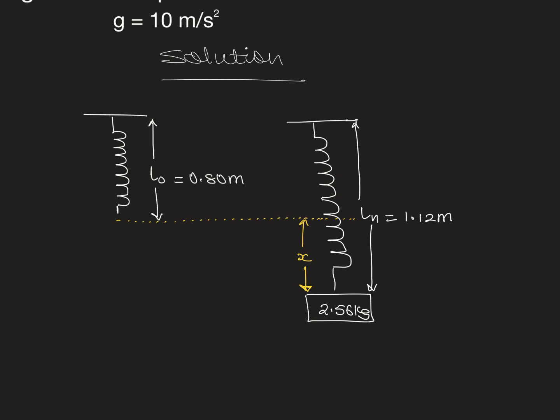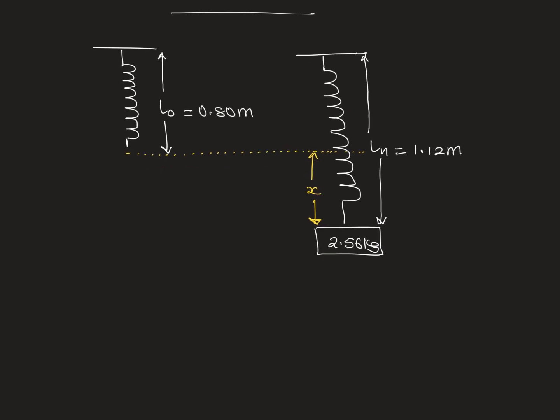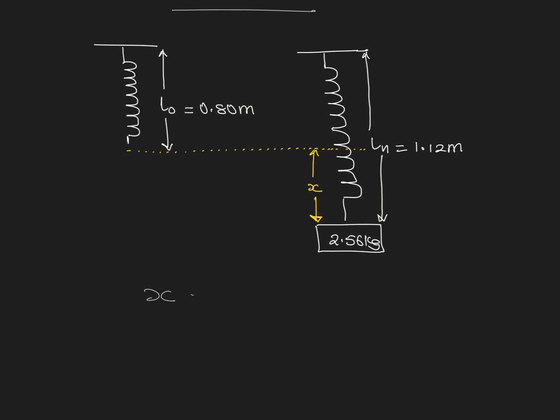So what will be the extension there? The extension x is equal to the new length minus the original length. The new length is 1.12 minus the original length of 0.80 meters. 1.12 minus 0.80 is 0.32 meters.